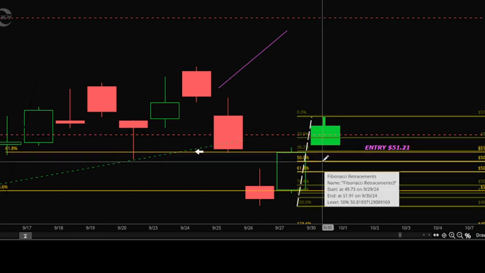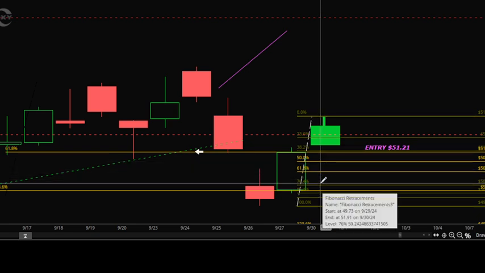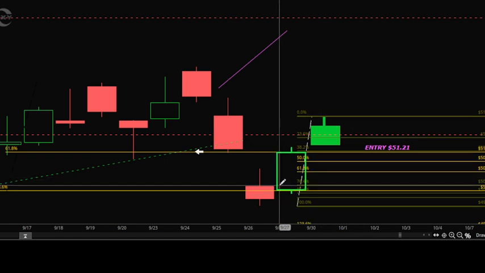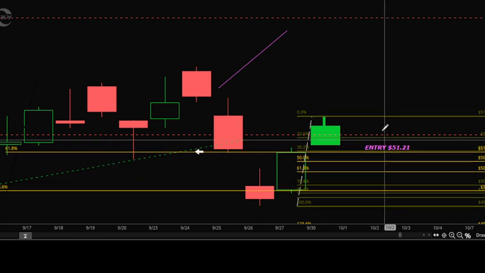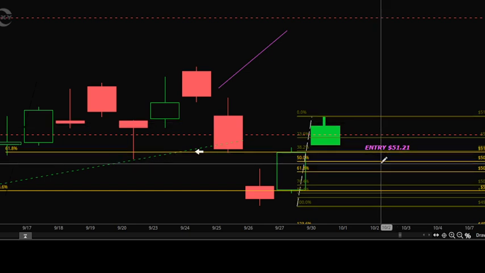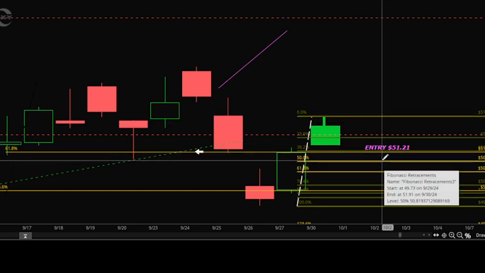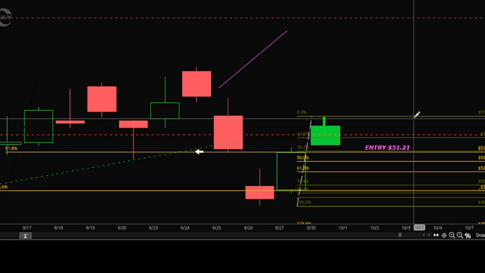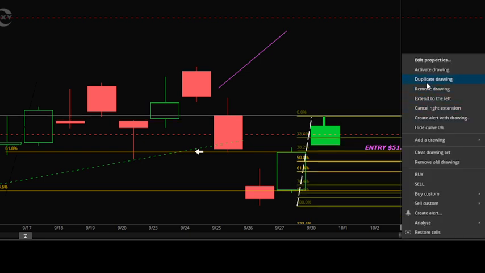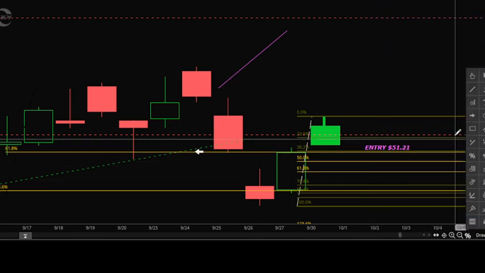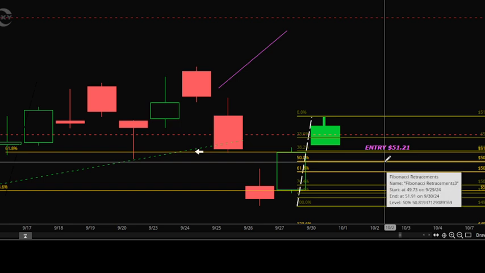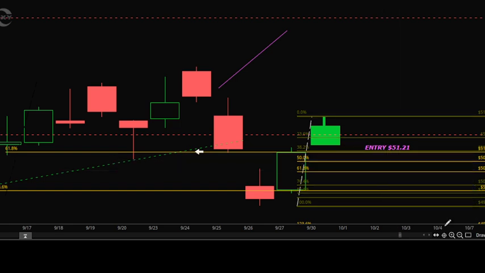Honestly, because the risk to reward on this isn't going to go very high, you're going to have to stop it at 50.82. All right, that's what I would do. Wait, what did I say? 50.80. Yeah. All right.